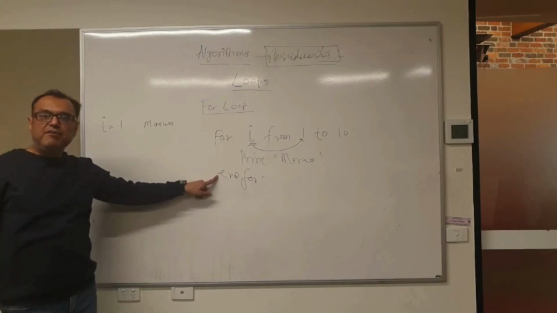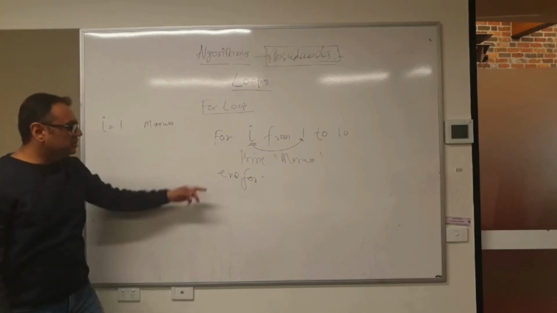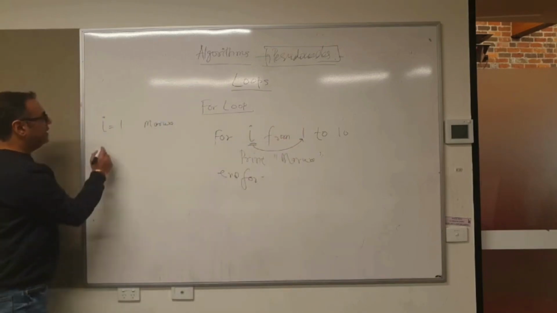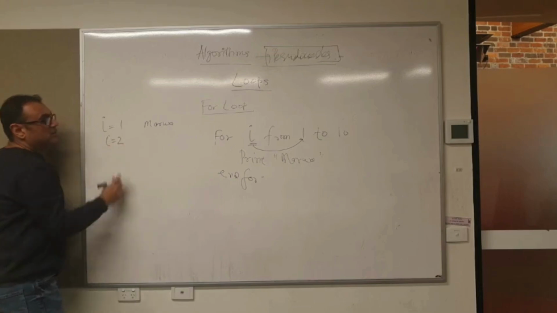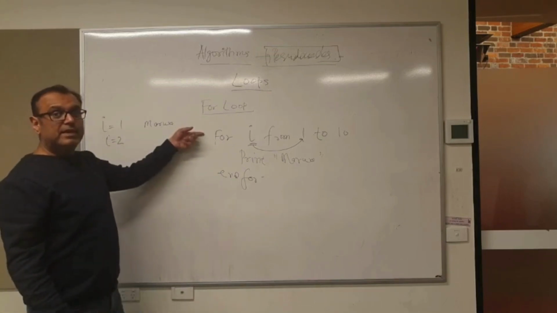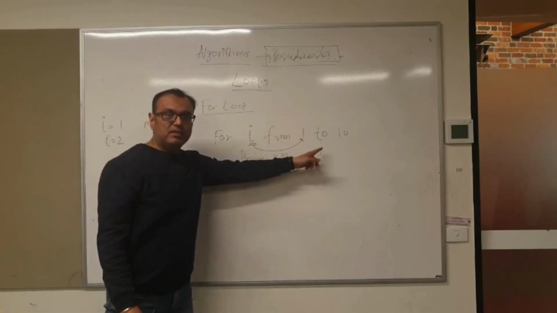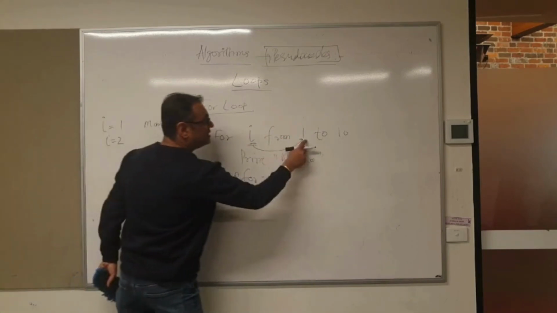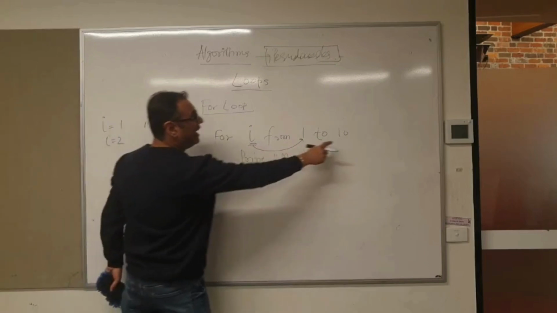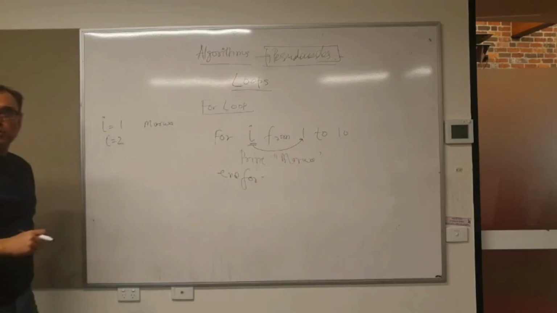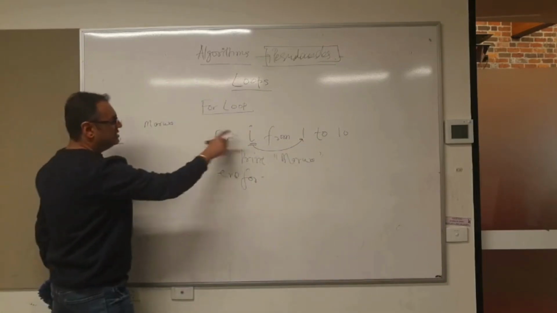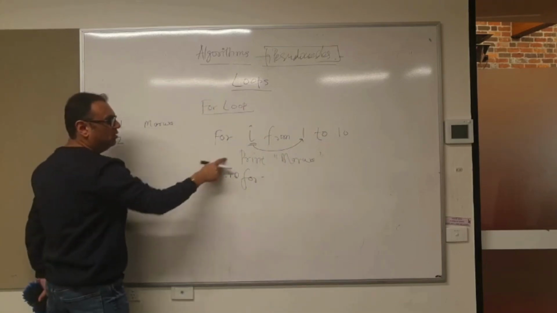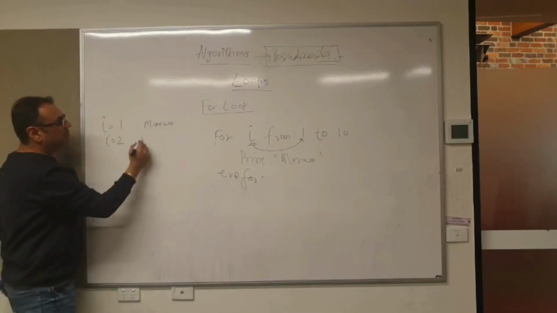Comes here, it says end for, alright, for loop finished, goes up. Increments I by 1. The moment it goes up, it adds another 1 to I automatically. Compares this current value with the final value, which is 10. Is the current value of I equal to the last value? No. Cool, go inside. Print Marwa again.